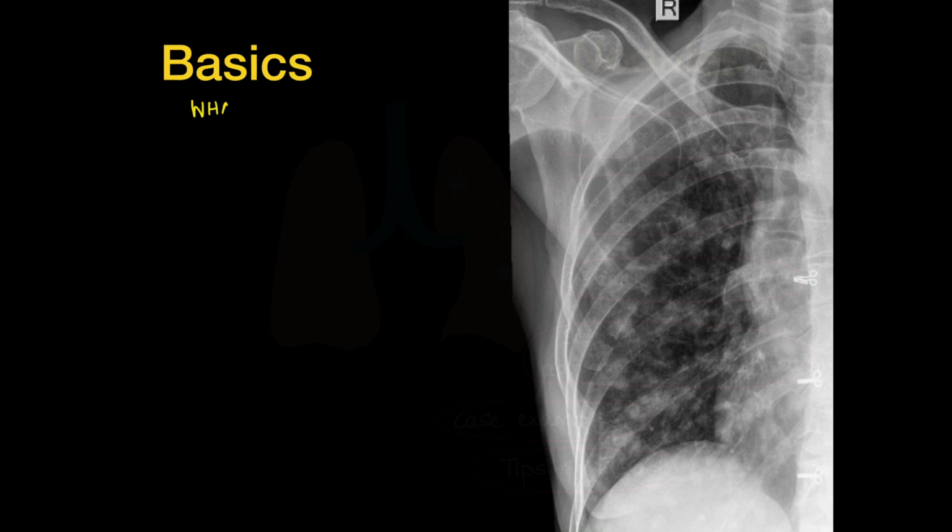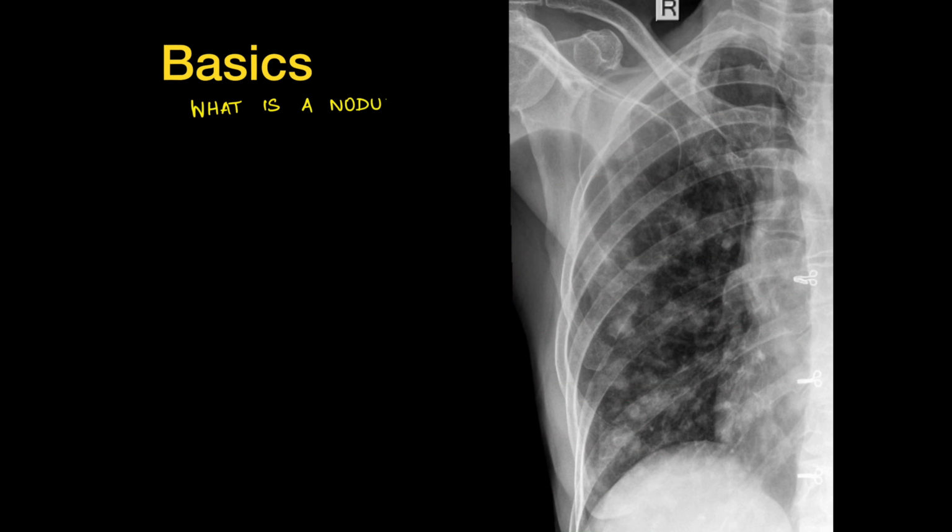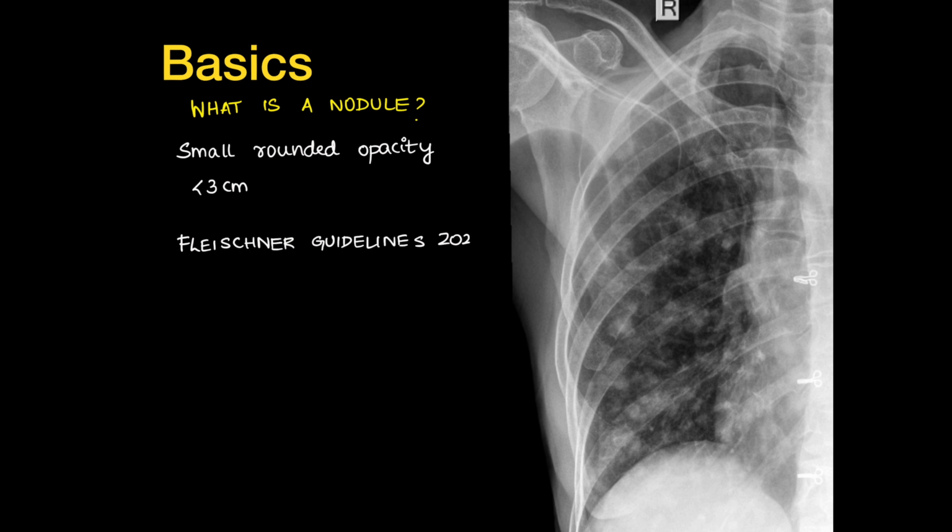Coming to the basics, what is a nodule? A nodule is nothing but a small rounded opacity less than 3 cm in size. According to Fleischner guidelines of 2024, there is another term, micronodule, which is less than 6 mm in size.